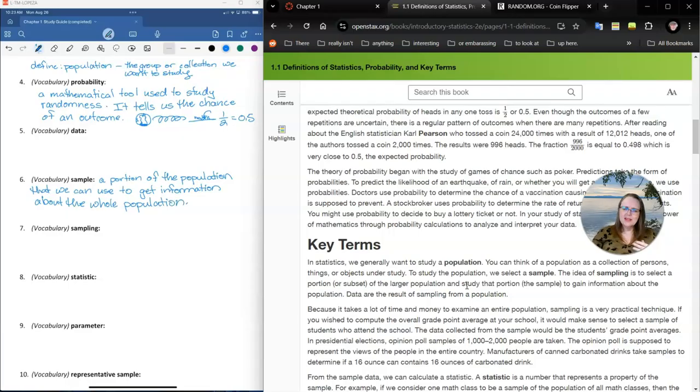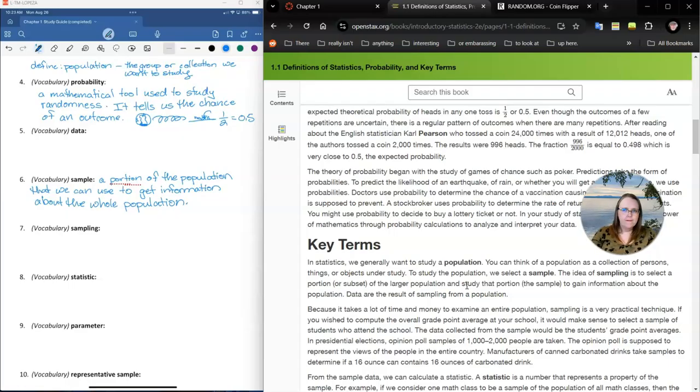The word population here is a little bit tricky because when we see that word, we're so used to using it to talk about people. So we talk about the population of a country or the population of a city, but it doesn't have to be people. Population could be, I've got a ball pit full of different colored balls, and the population is the balls in the ball pit, and I'm going to take a sample of those.